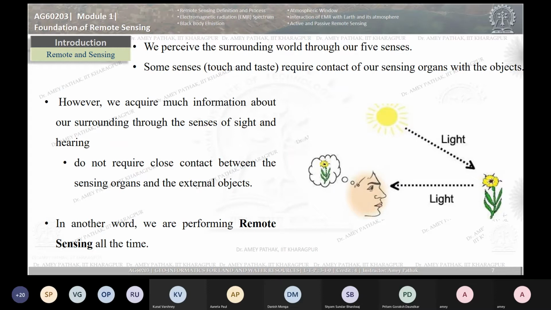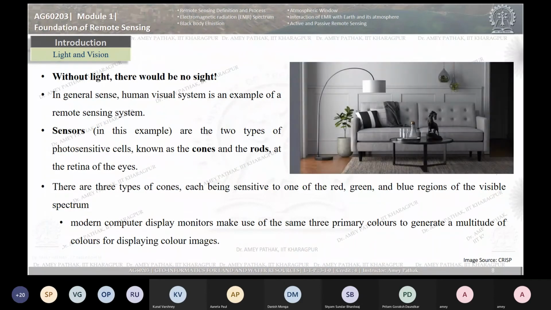So without light there would be no sight.